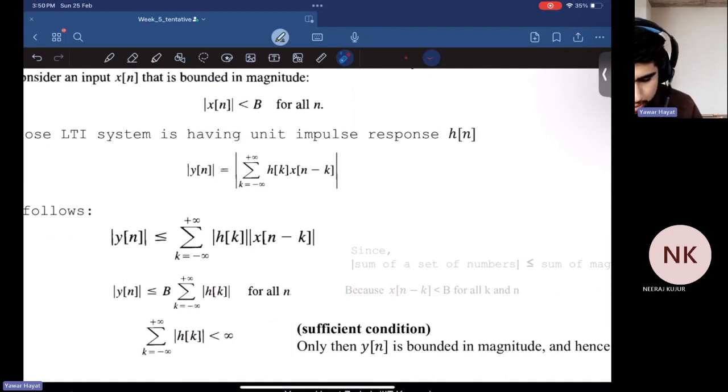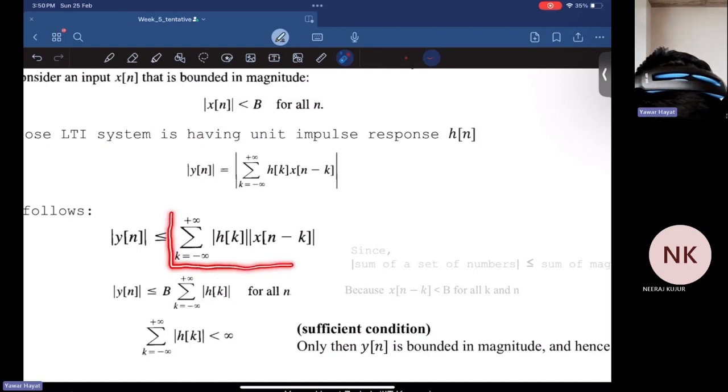If a signal is bounded, the time shifted versions of that signal would also be bounded by that value, isn't it? Yes, sir. So I can then say that this is less than b. I'll take this b out of the sum and write b times the summation over k from minus infinity to infinity of modulus of h of k, for all n.